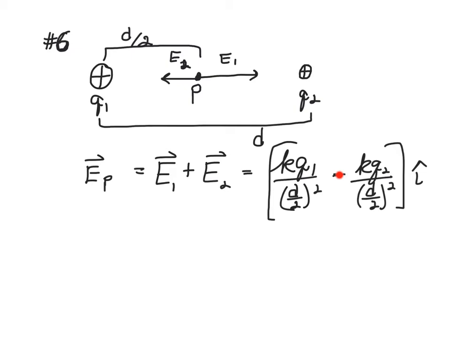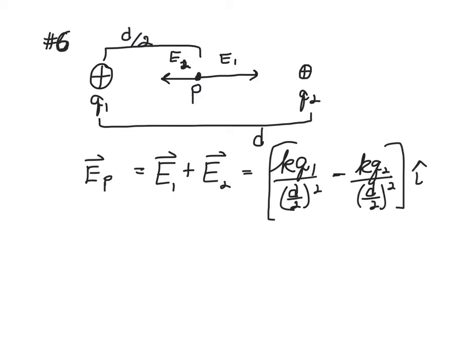Then I put a negative sign here, because the field due to Q2, although it's positive, the field is in the negative direction. So I write KQ2, the distance is the same, D over 2 squared. And since I've accounted for the direction, the sum of those 2 terms times i hat will be the direction of the vector.